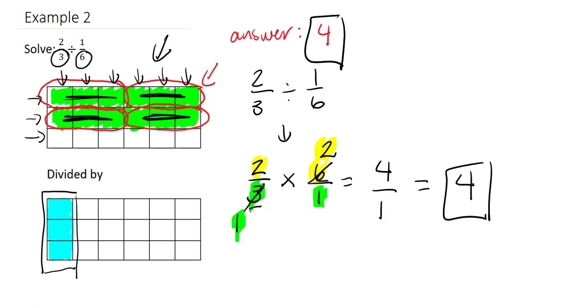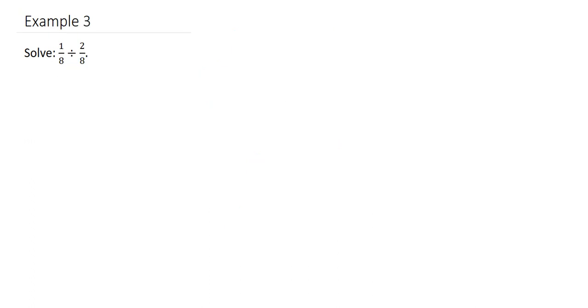Now let's do another example. Example 3. Solve the following: 1/8 divided by 2/8. Well, we're going to use the KFC method, and just write it here. So we have 1/8, we'll just rewrite this, divided by 2/8 is equal to, well, let's use the KFC.